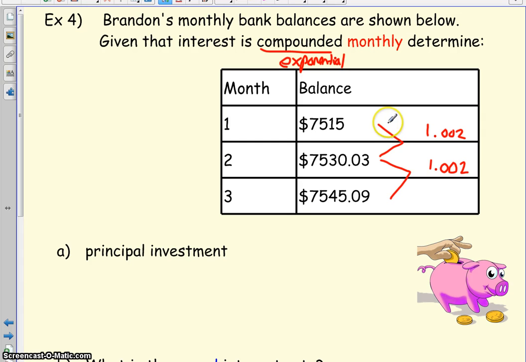And what that also means is that we can go one step further and extend the table up to month 0 by dividing 7,515 by 1.002. So if we do that, it should give us what that initial investment was, which tells me it should be $7,500.